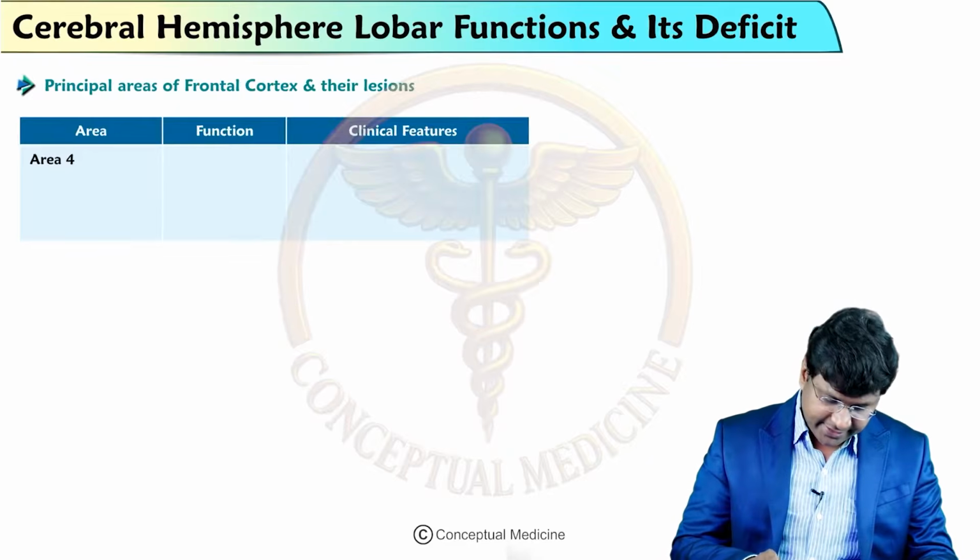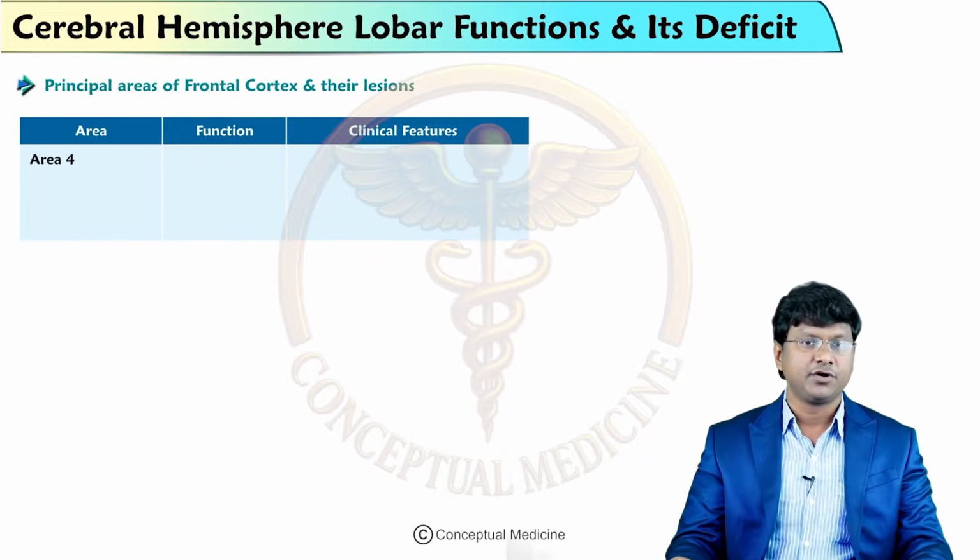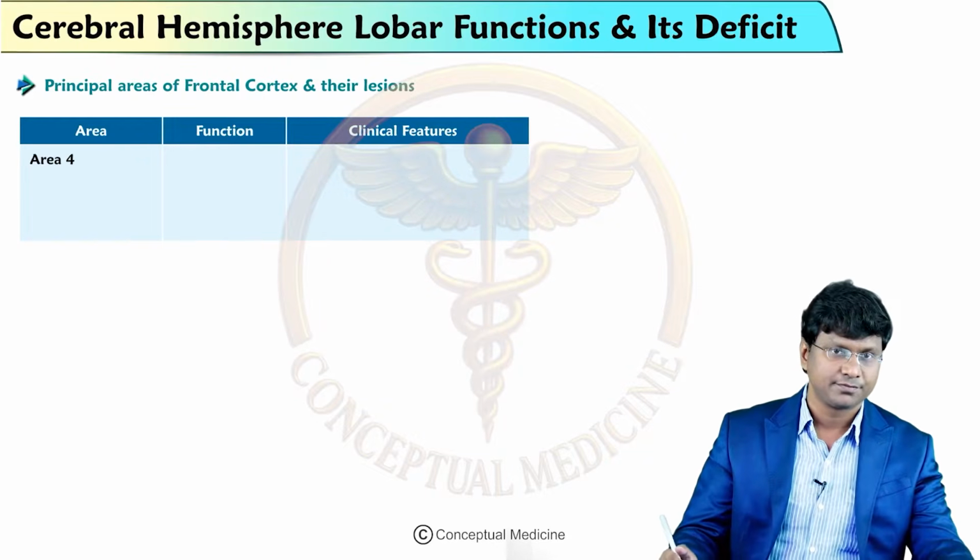Now you take the broad main areas in the frontal cortex. We have area number 4.